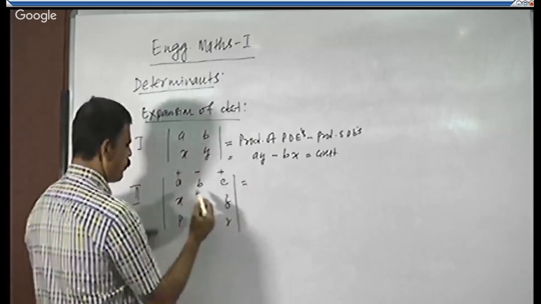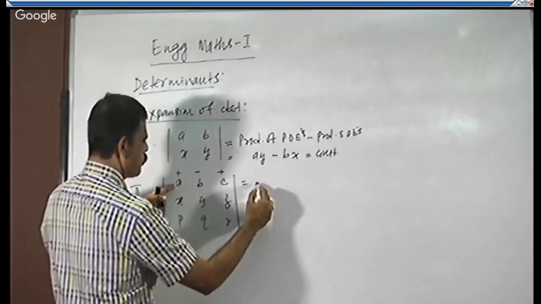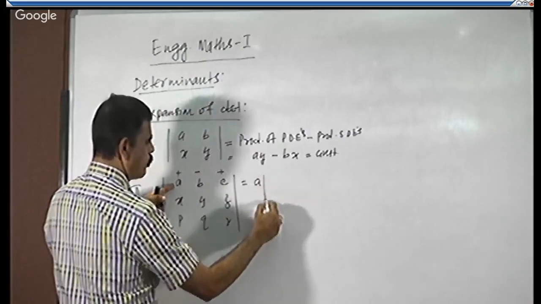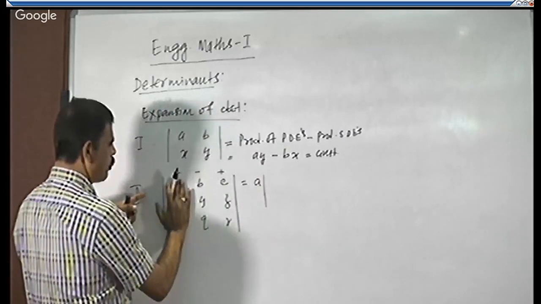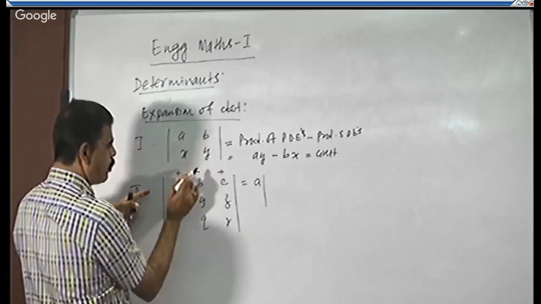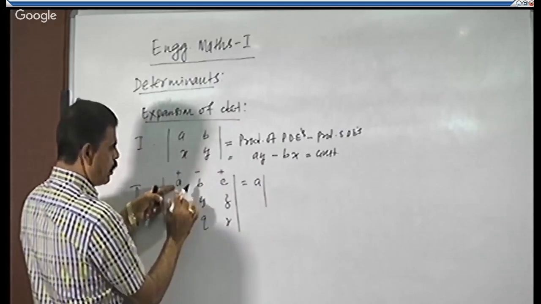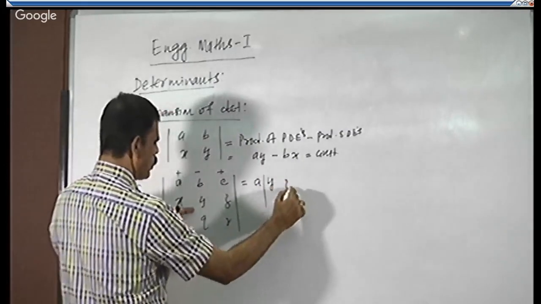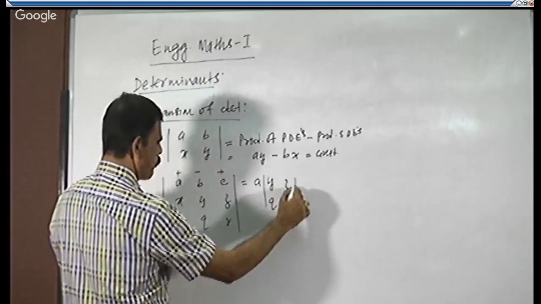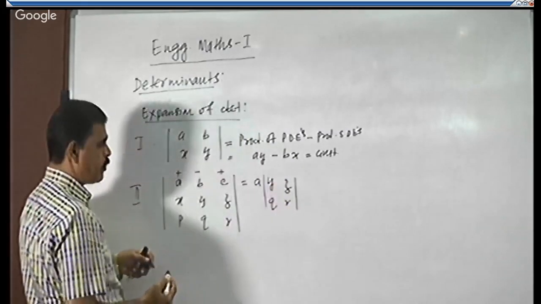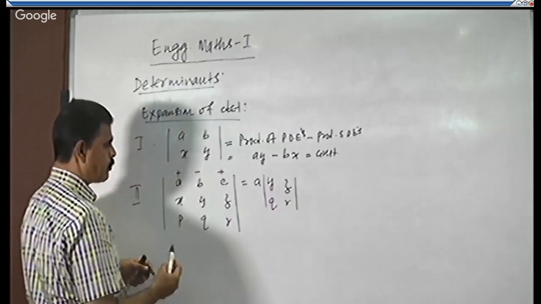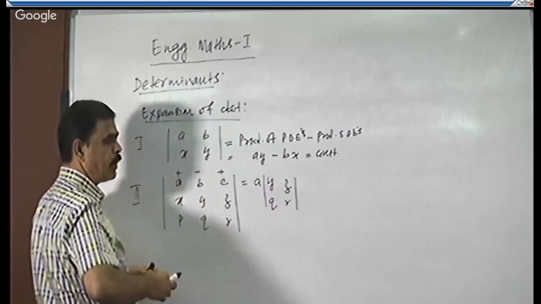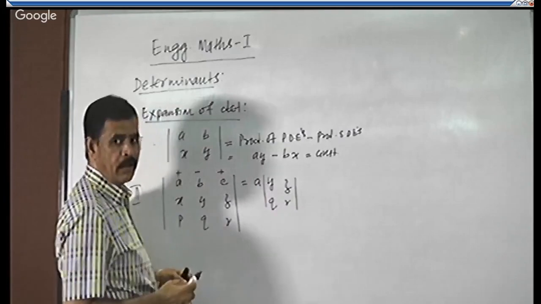Now, the first element of the first row, that is A, into: leave the corresponding column and corresponding row of that particular element. The other elements are taken in the form of a determinant: Y, Z, Q, R.